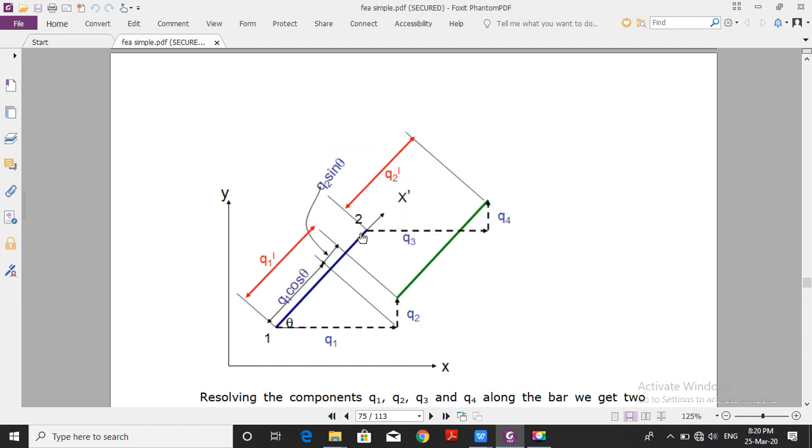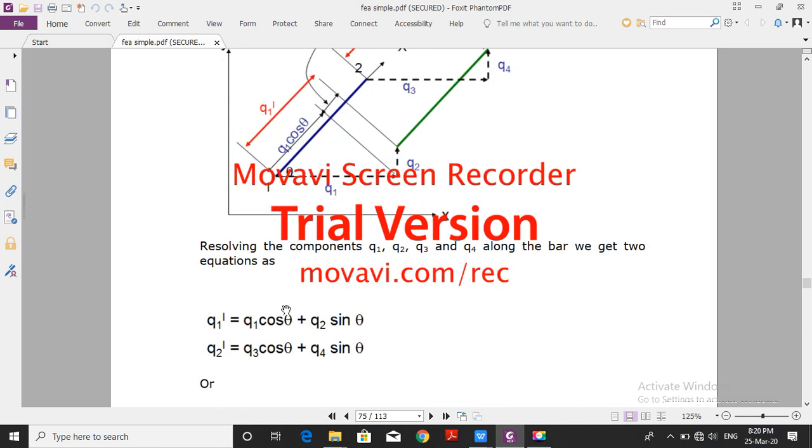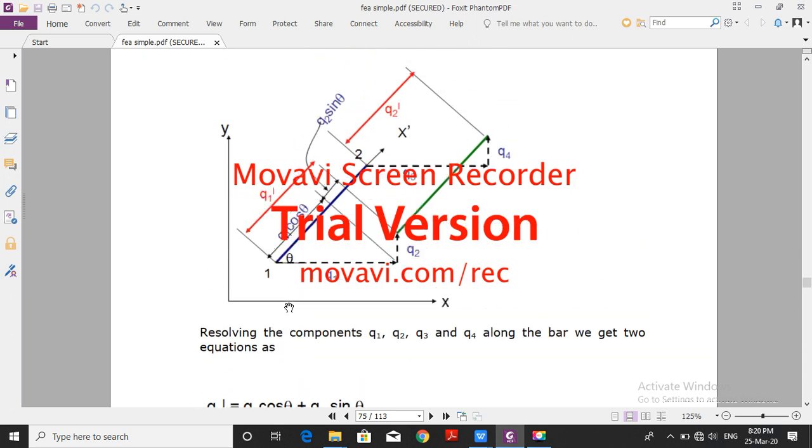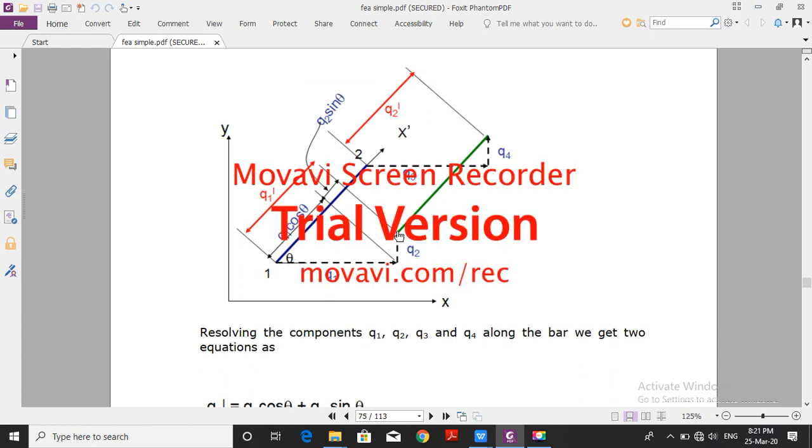Similarly, at node number 2 we can see it is q4 and q3. For further calculations, we will resolve these components. We have considered the linear distance between the original position of node number 1 and the deflected position of node number 1, and we call it q1 dash.